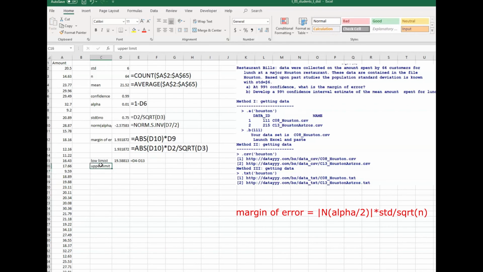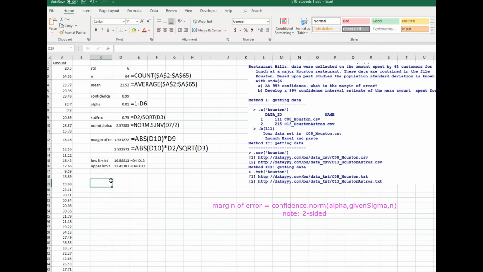The upper limit will be mean plus margin of error. So this indicates our 99% confidence interval between 19.59 and 23.45.